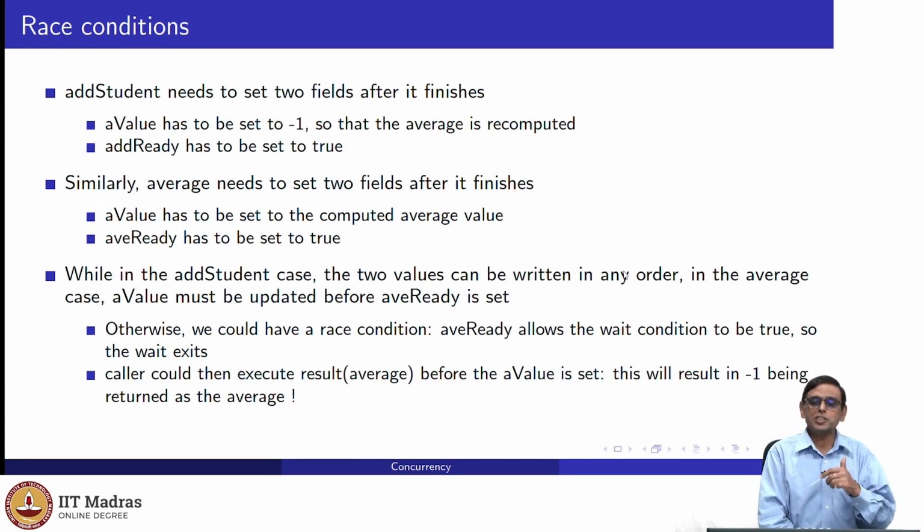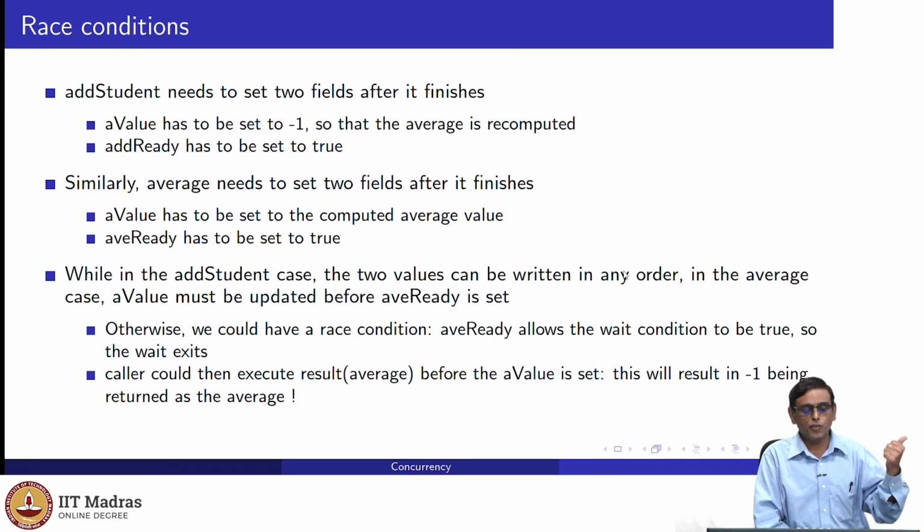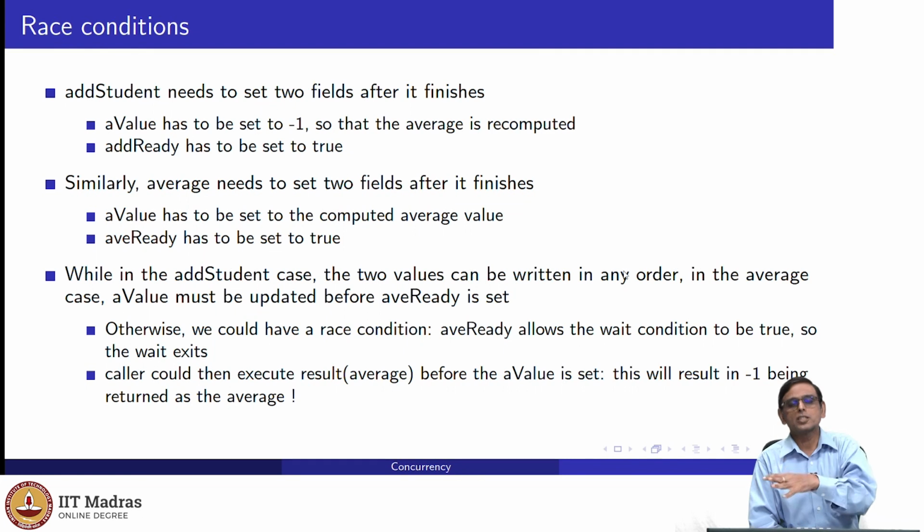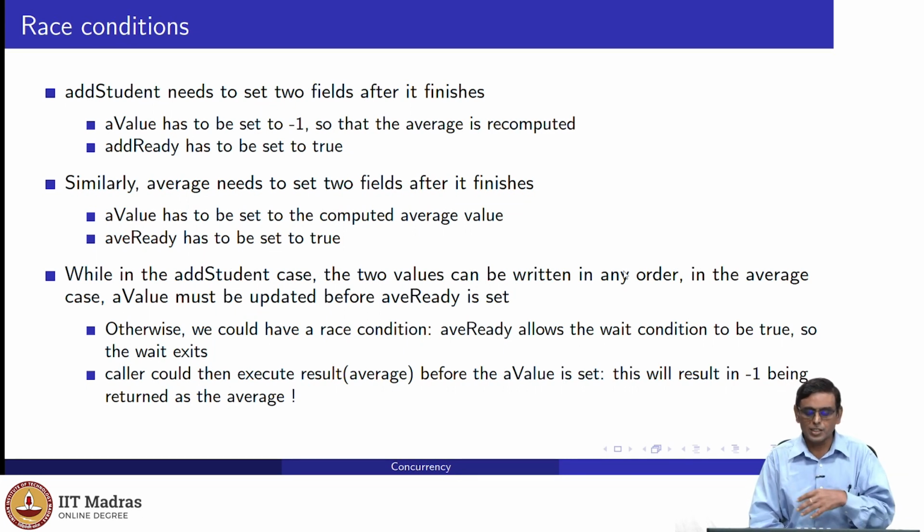How does he find out average is ready? Because ready returned true. And when did ready return true? Ready returned true because average ready is set to true, which you already set. So the caller found that the procedure is ready, so it immediately calls for the result, right?